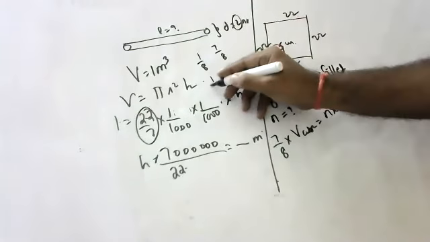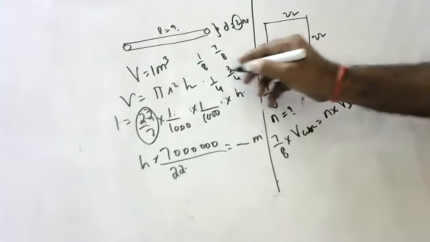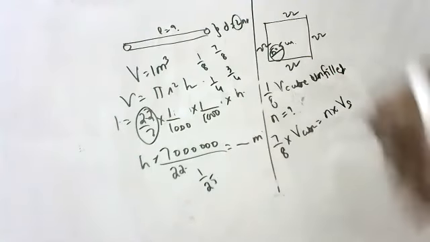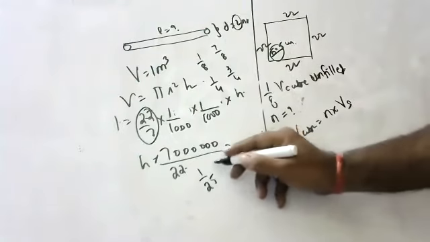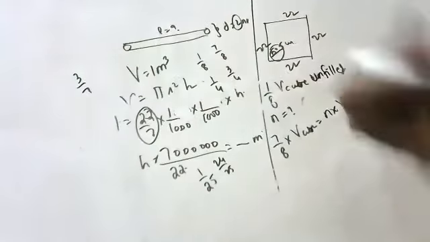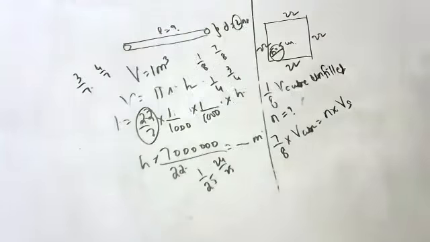Children, if 1/4 is filled, how much is unfilled? 3/4, because 1 plus 3. If 1/25 is filled? 24/25. If 3/7 is filled? 4/7, because 4 plus 3 is 7.